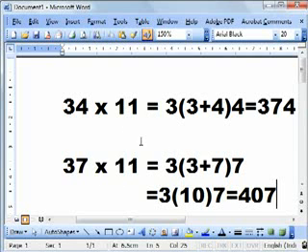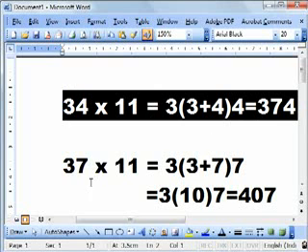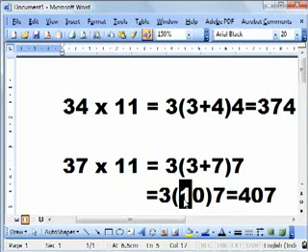So this is a variation from the previous one, because the middle number adds up to a number greater than 10. In that case we just add this 1 to the first figure, which gives us 407.